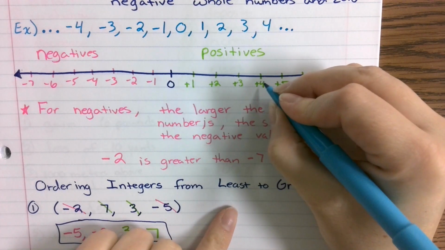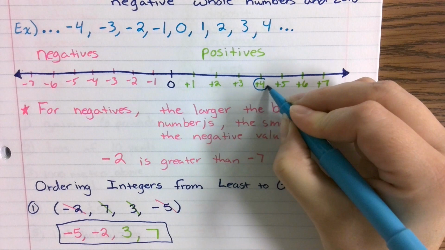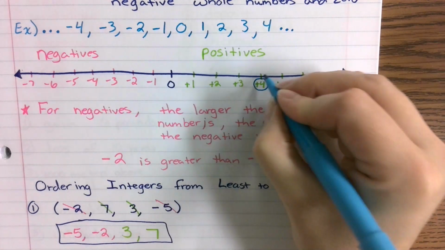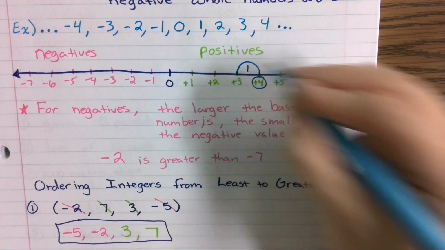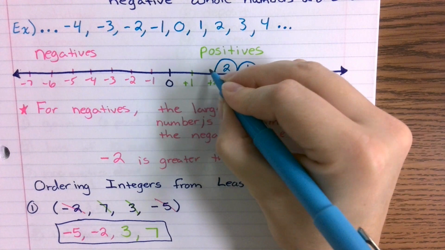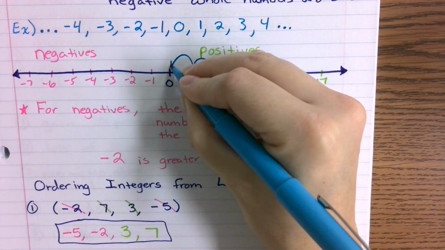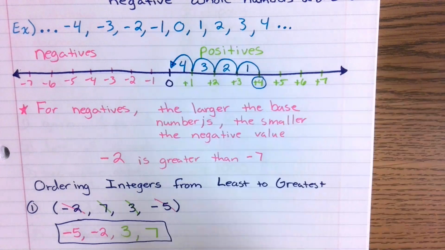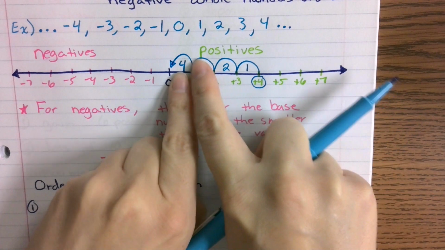If we're looking at 4, and I start counting from 4, I'm going to go to the 0 mark. Every jump counts as 1 tally mark. So that's 1, that's 2, that's 3, and that's 4. So the positive 4 is just 4 jumps away.